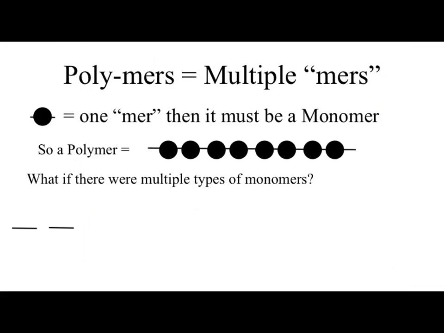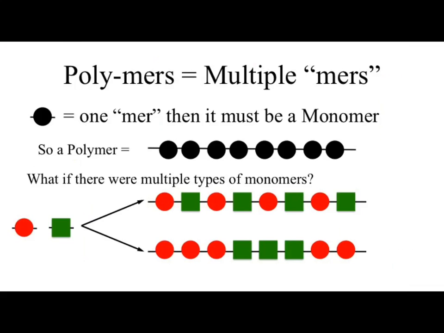What if we had different types of monomers? So in this case, if we had a red circle and a green square, we could alternate them, or we could set them in sections. Do a whole bunch of red circles, a whole bunch of green squares, a whole bunch of red circles, okay, or varying those amounts. So what we end up with in those cases is a different type of polymer because it's being put together in a different type of fashion.